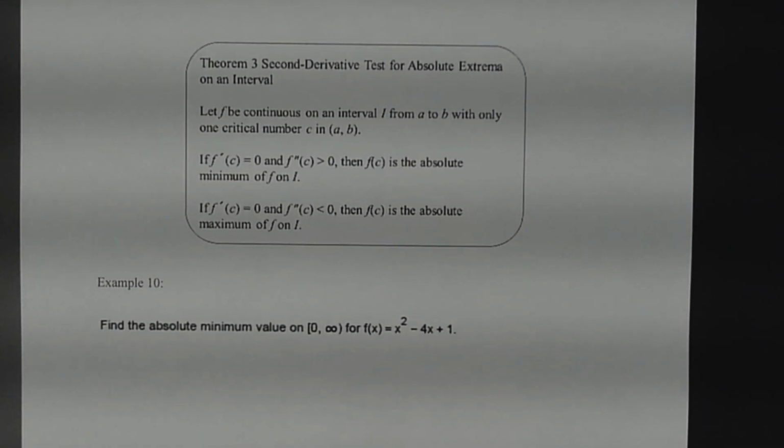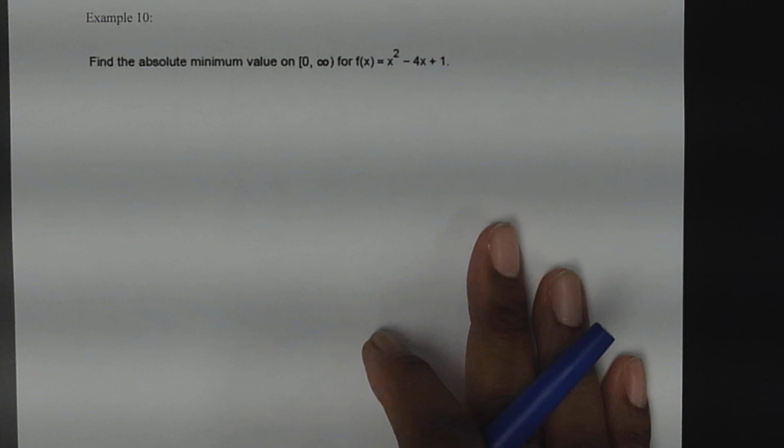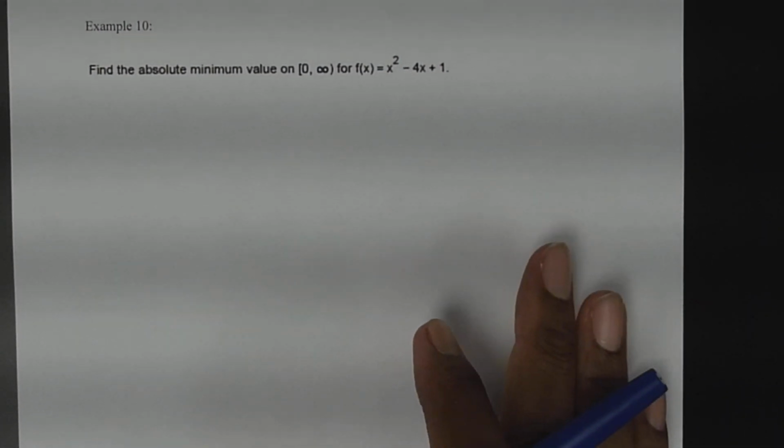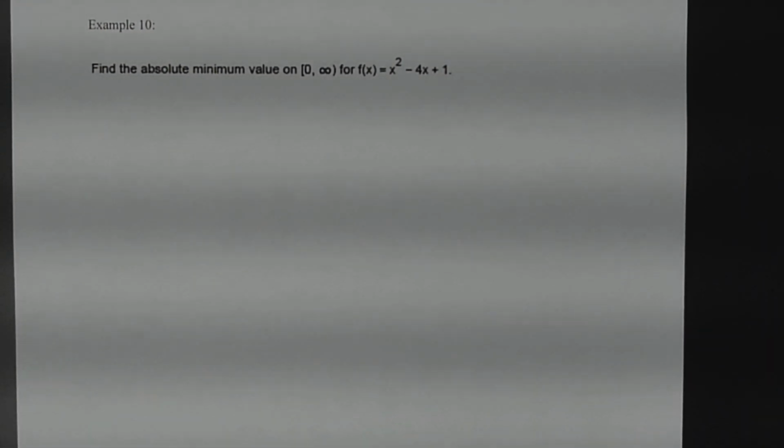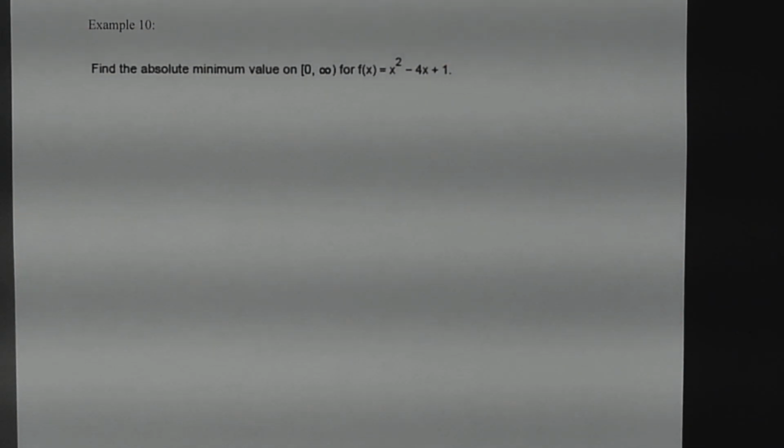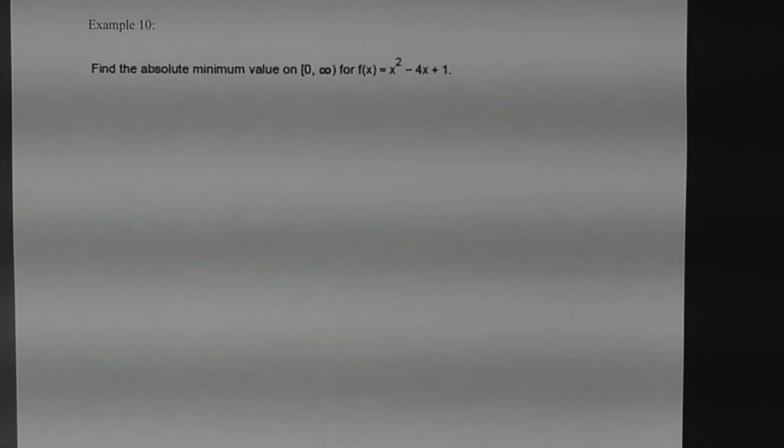All right, so now let's look at this example here. We're going to find the absolute minimum value on 0 to infinity for f of x equal to x squared minus 4x plus 1.